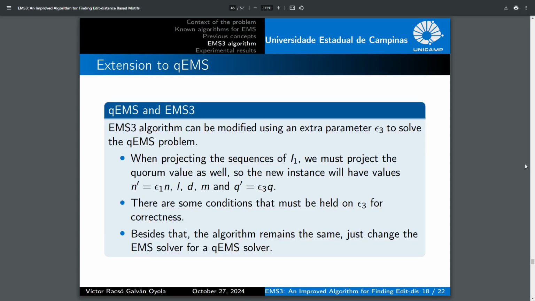We're just going to use the candidates on the original Q, but in the left side, which is the I1, we're going to use something different. Obviously, some conditions must be held on epsilon 3 for correctness, and all the algorithm remains the same. Just change the EMS solver for a QEMS solver and the parameters.